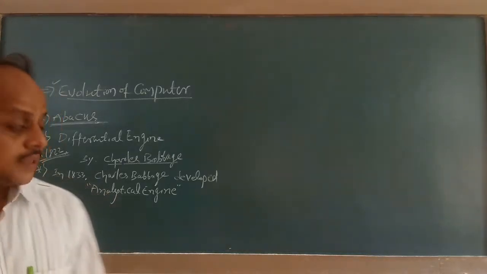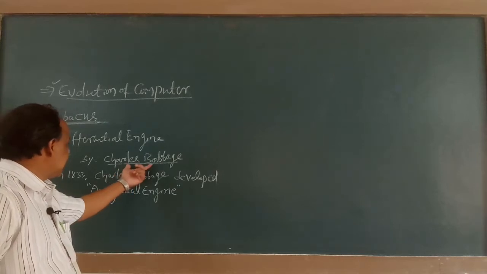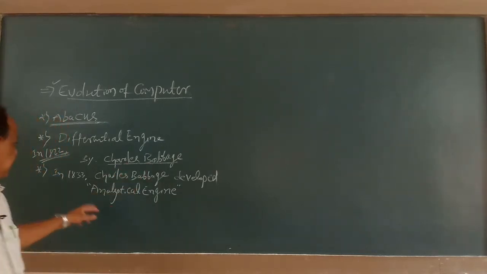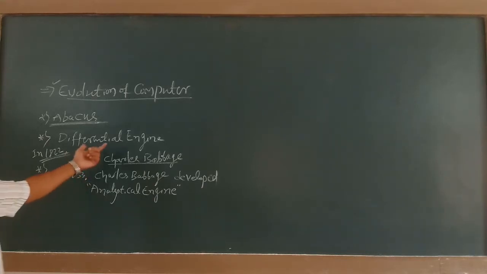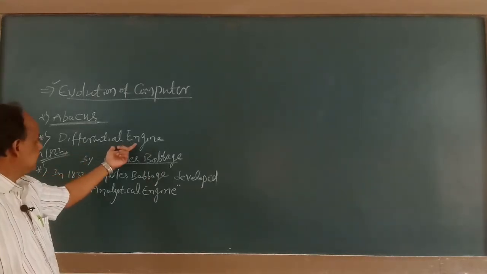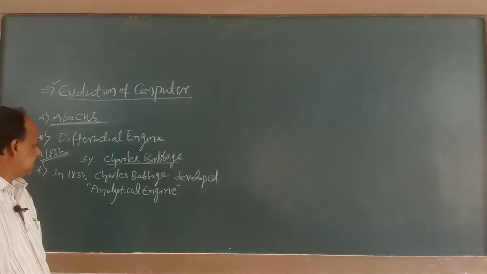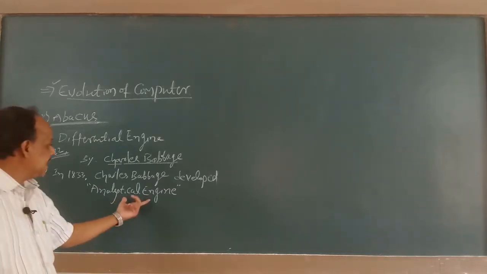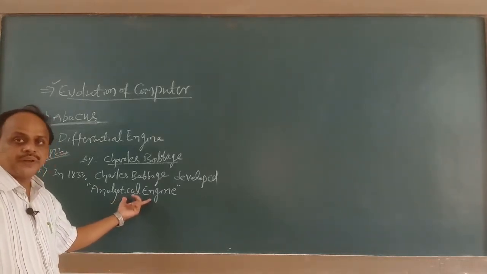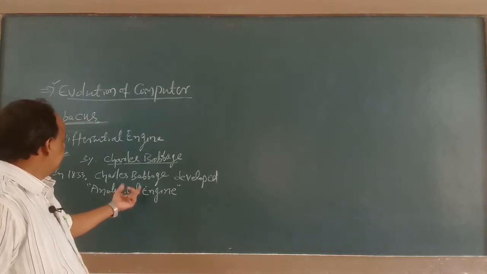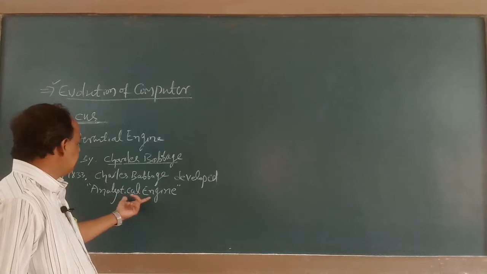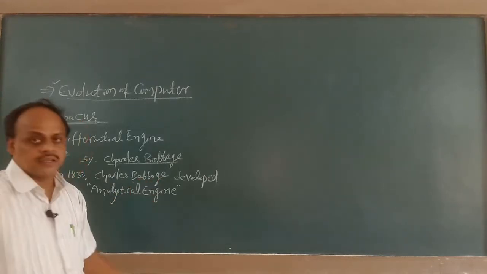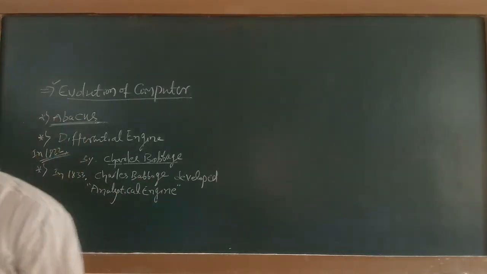And afterwards, the same person Charles Babbage, in 1833, made a slight difference in this engine, and he named it as analytical engine. He made some corrections in this engine and named it analytical engine in 1833.